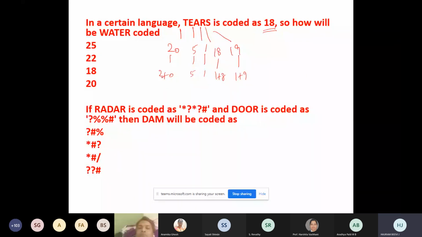So 2 plus 0 is 2, then 5, then 1, 1 plus 8 is 9, 1 plus 9 is 10, and again 1 plus 0 is 1. Finally add all the values. 2 plus 5 is 7, 7 plus 1 is 8, 8 plus 9 is 17, 17 plus 1 is 18. So we get 18. So likewise we are going to do WATER.